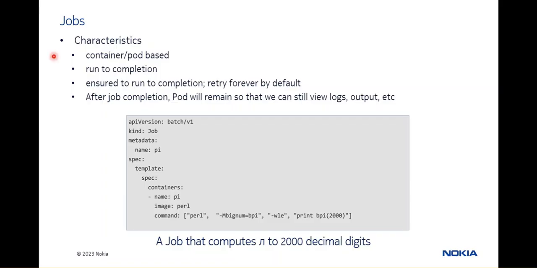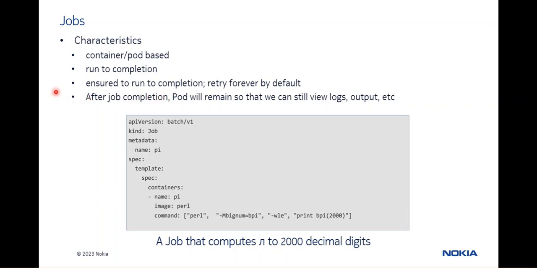For this purpose, we have a new object type in Kubernetes called job. With this kind of object, we can start a container, run it for a certain period of time, and exit with a successful code. If the run is not successful, Kubernetes will restart the pod based on its restart policy, which by default is retry forever. These objects are handy for many things.